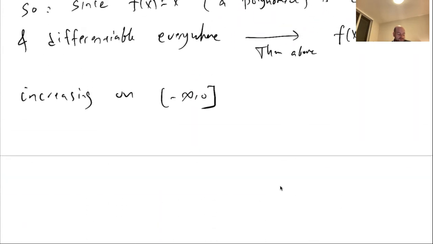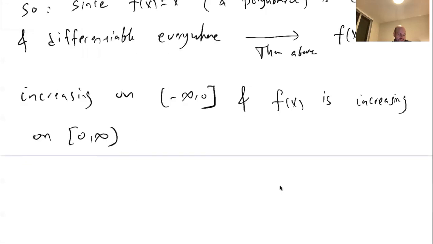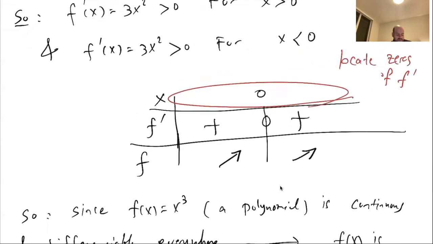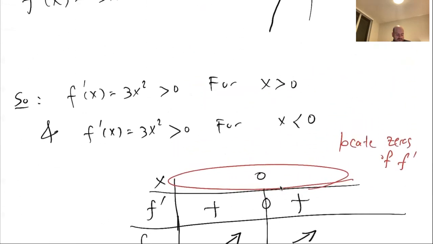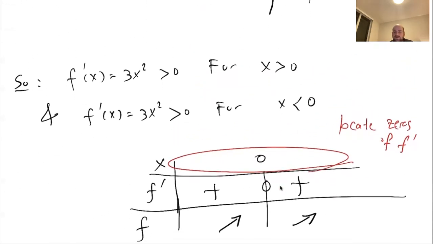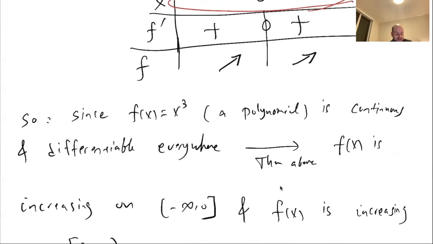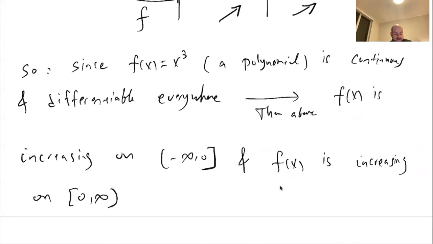So here we can say f of x is increasing on minus infinity to 0, closed interval, and f of x is increasing on 0 to infinity, again closed interval. Because for x bigger than 0, f prime is positive. So on the open interval 0 to infinity, f prime is positive, and the theorem implies that the function is increasing on the closed interval 0 to infinity.